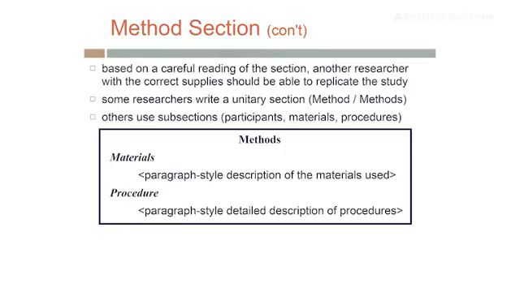And you'll notice that I keep saying paragraph style, paragraph style. Again, this is not a list. It's not just a set of pictures, though in a method section you might want to include a photograph of your experimental setup. You set up the experiment, take a photo with your cell phone if you have one, or bring a little camera to your experiment, take a picture or two. It might help your reader see what it was you were doing.